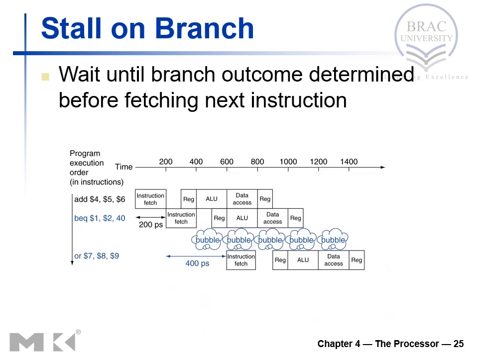Now, stall on branch. Wait until the branch outcome is determined before fetching the next instruction. This is one option, which is a defensive option. Let's say this is the first instruction and this is the second instruction. The second instruction is a branch, so it performs the ALU operation, and after the ALU operation the decision is made whether to branch or not.